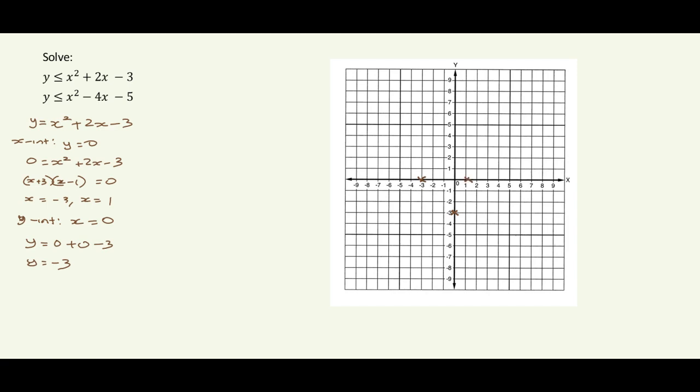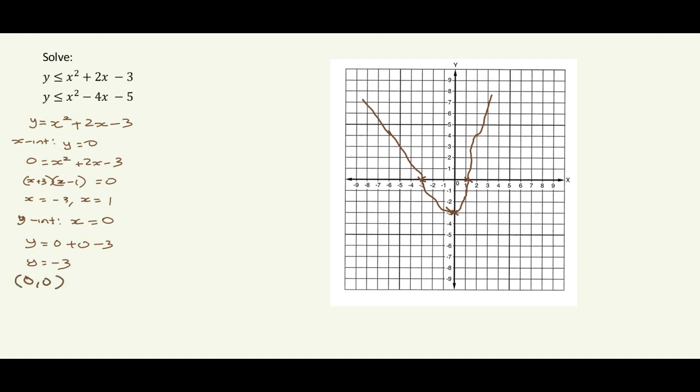So what we're going to do now is join these points together to create a quadratic. So let's do this right here. Now we're going to look for the origin test. Because it's less than or equal to, we don't need to create broken lines. So the origin test, we have the point 0, 0.